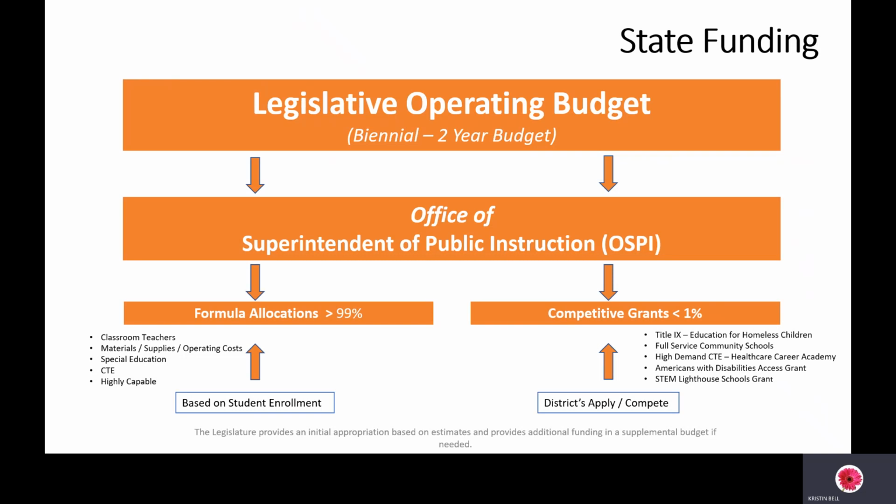On the right-hand side of the screen are your competitive grants, things like that Title IX there, and full service community schools, some CTE or healthcare career academies, and those are just samples. Essentially, each district has to apply for those funds, and then depending on need or competition or however the evaluation process goes, you may or may not receive those dollars.